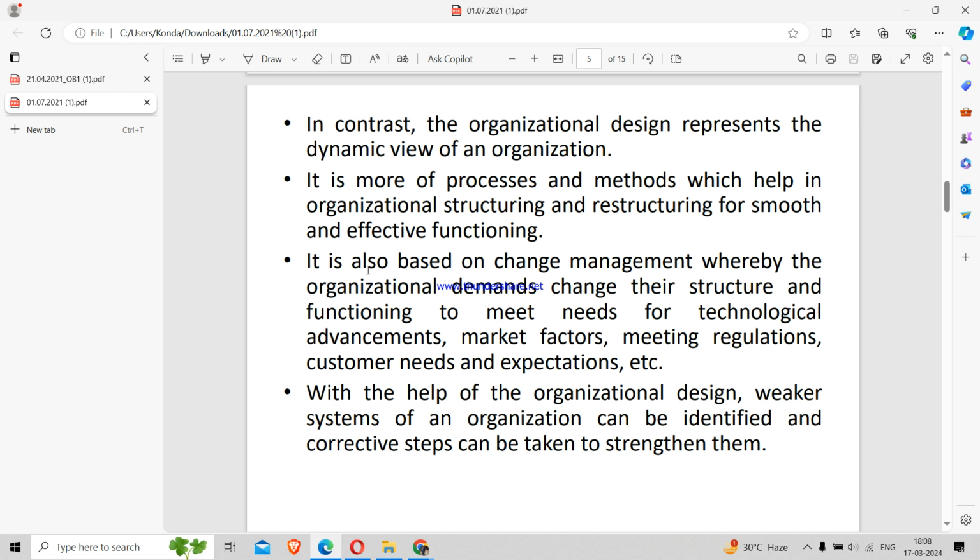Next, it is also based on change management, whereby the organization changes its structure and functioning to meet the needs of technological advancements. It is not like if you make a flow chart and aim certain parts of the organization, those parts will stay steady with time.